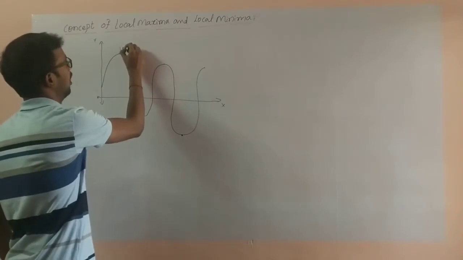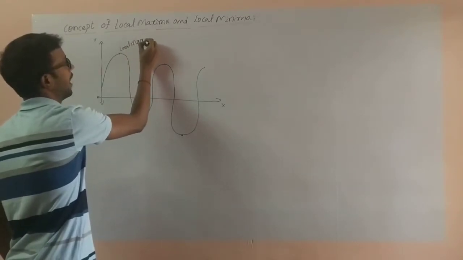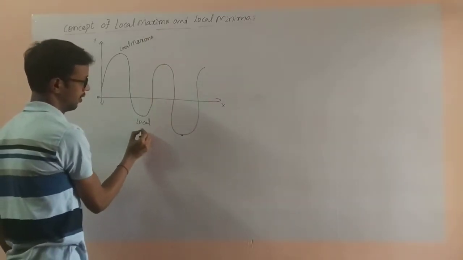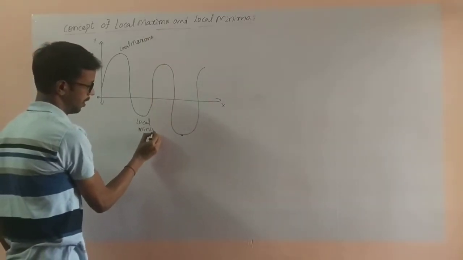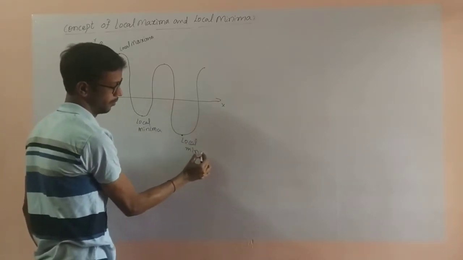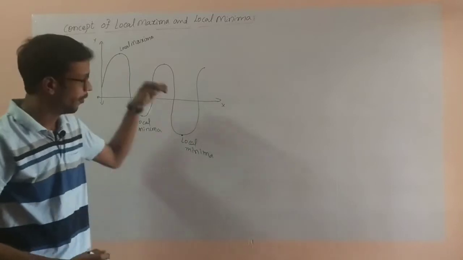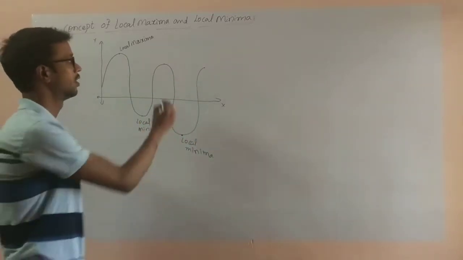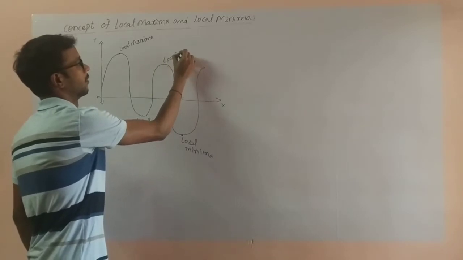This is a local maxima. This is a local minima. I told you the valley is the minima. Peak values are called maximas.